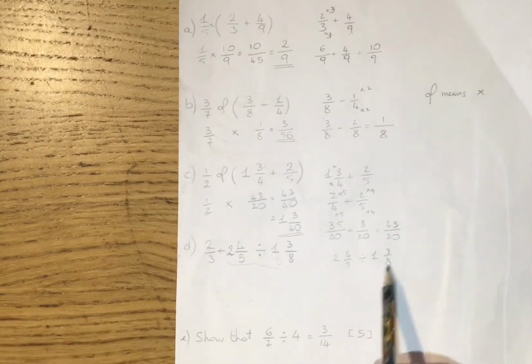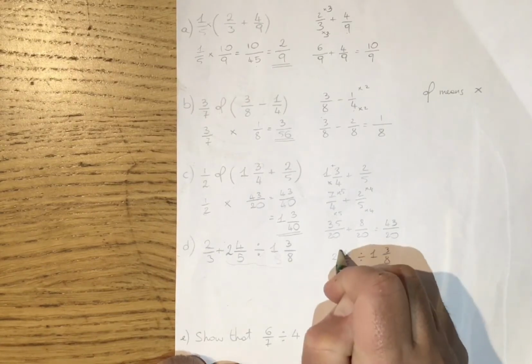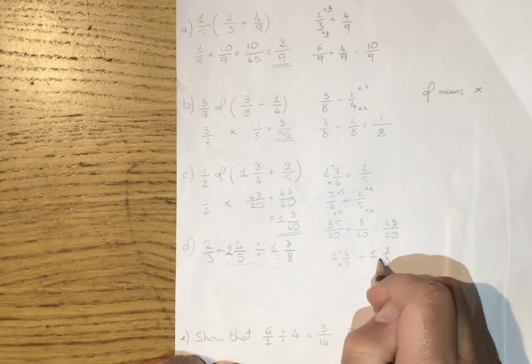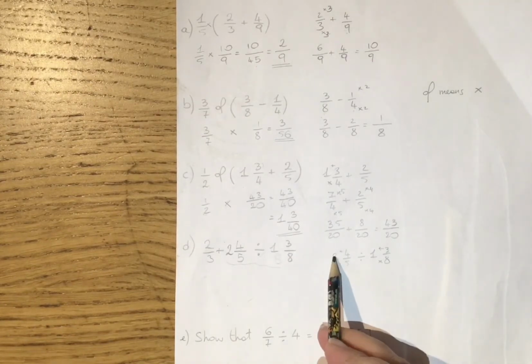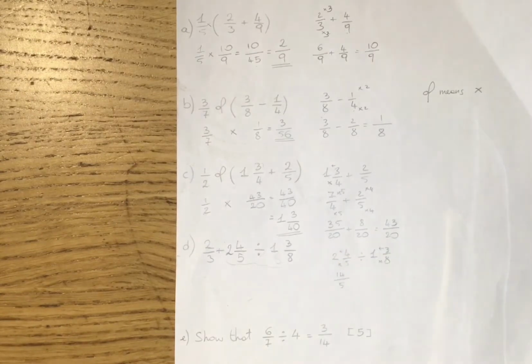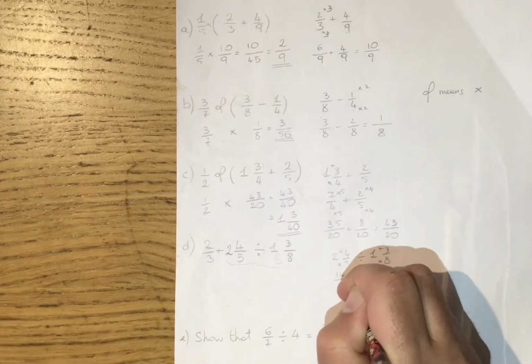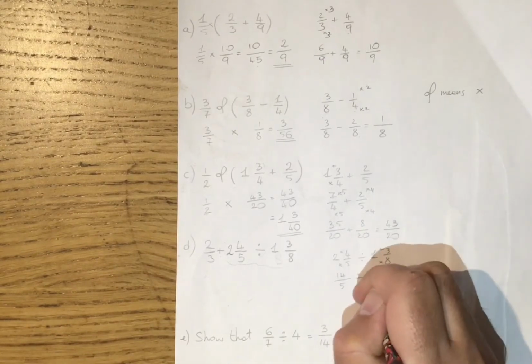Change both of them into top-heavy fractions. 5 times 2 plus 4, 8 times 1 plus 3. So 5 times 2 is 10, plus 4 is 14, over 5, divided by 8 times 1 is 8, plus 3 is 11.